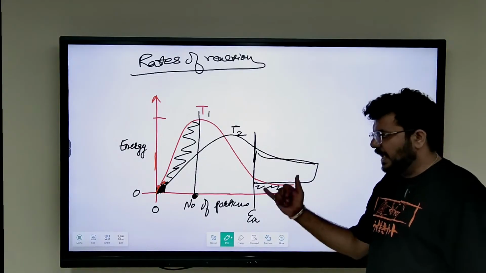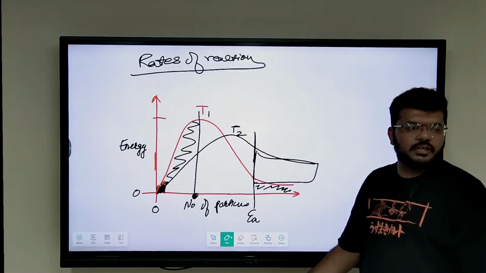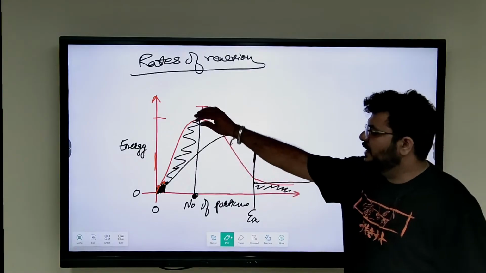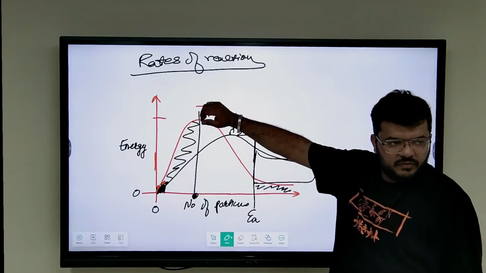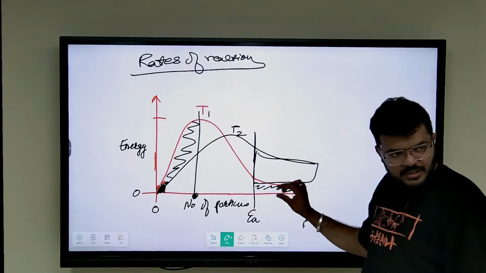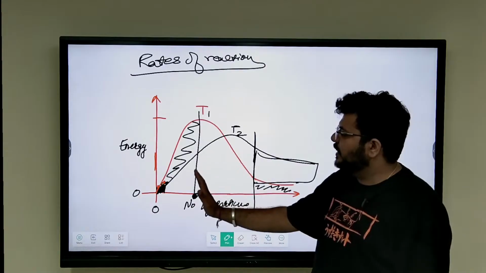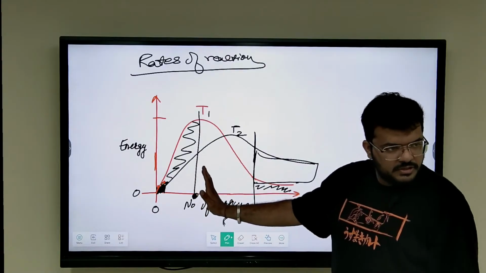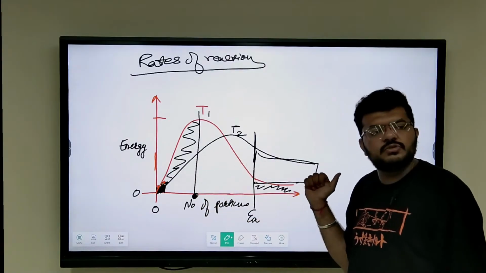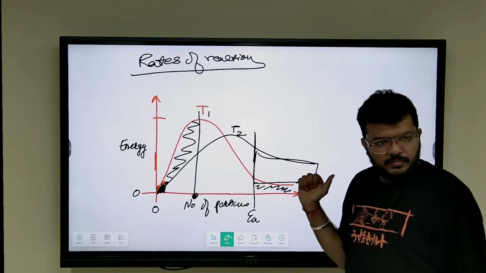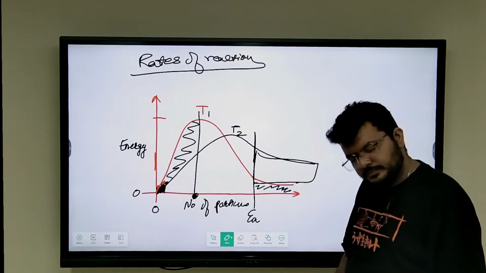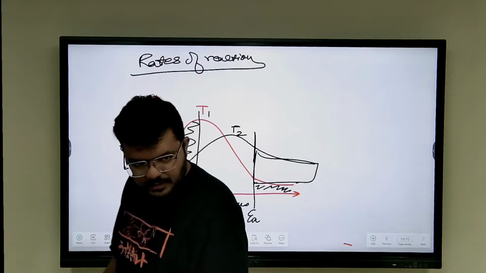This actually means that the distribution gets broader. Earlier, very few particles had a lot of energy, and a lot of particles had a lower amount of energy. So the whole distribution changed. Makes sense? It spread out.